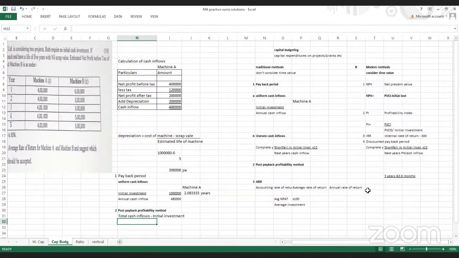Now how to get total cash inflow? For 1 year, cash inflow is 4,80,000. So for 5 years, it will be how much? It will be 4,80,000 into 5. Clear? This will be total cash inflow minus initial investment, which is 10 lakh.